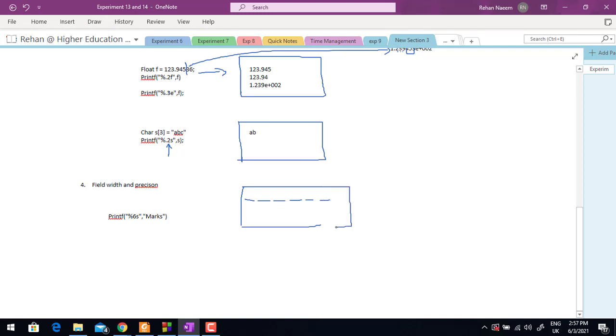So 6 spaces will be allocated, and the string marks will be right justified. So S will be over here, K will be over here, R will be over here, A will be over here, and capital M will be over here. So you have one space between capital M and the border of the output screen.